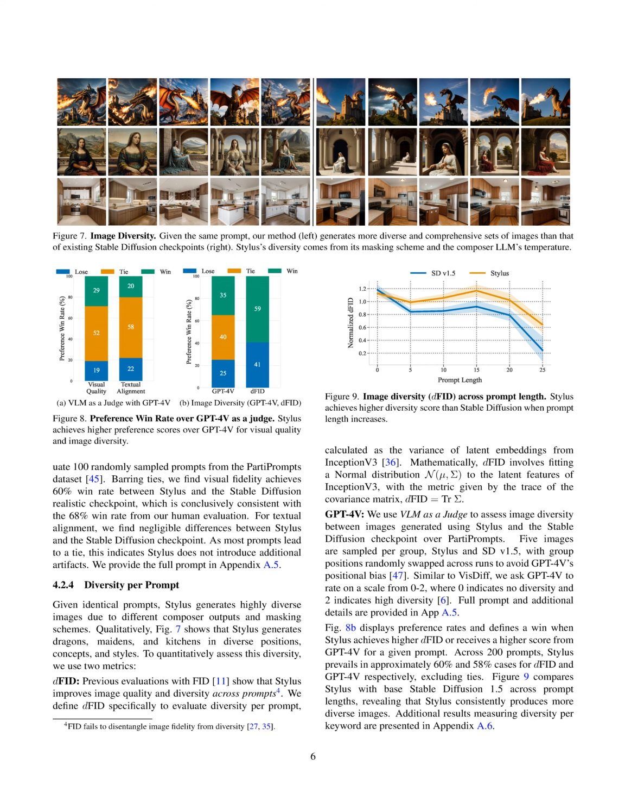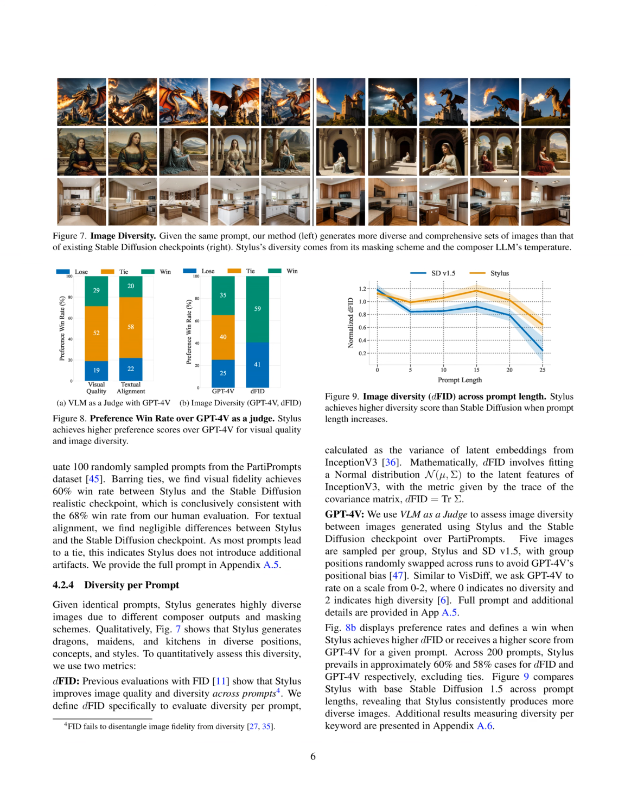Additionally, Stylus demonstrated better textual alignment, with negligible differences compared to the Stable Diffusion checkpoint, indicating that Stylus did not introduce additional artifacts. Moreover, Stylus excelled in image diversity, generating highly diverse images due to different composer outputs and masking schemes, as shown by metrics like Diffeed and GPT-4V scores.